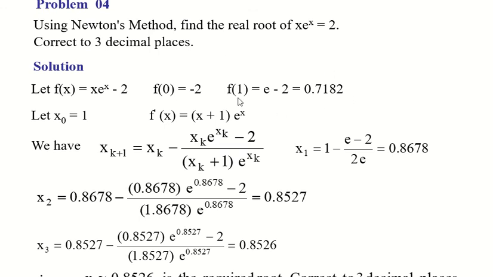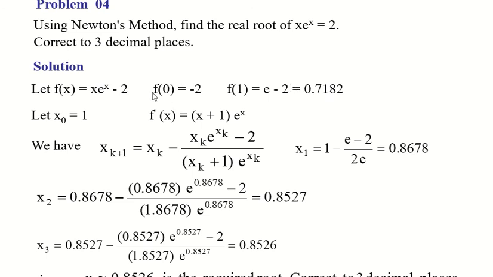f of 1 is 0.7182, which comes as positive. f of 0 is negative, f of 1 is positive. If f of 1 also came as negative, you could go to f of 2 and check. But here f of 1 is positive itself, so these are of opposite signs.